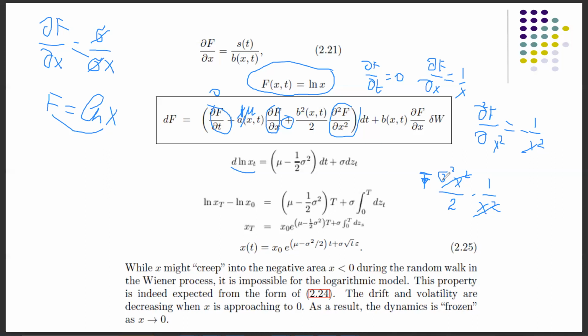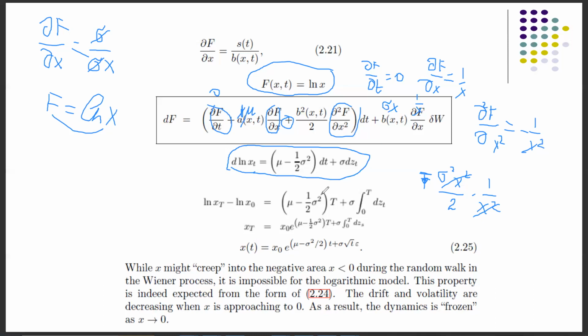So we have sigma squared divided by 2 with minus. And plus b, which is sigma x, and the first derivative 1 divided by x, so only sigma remains: sigma dz.